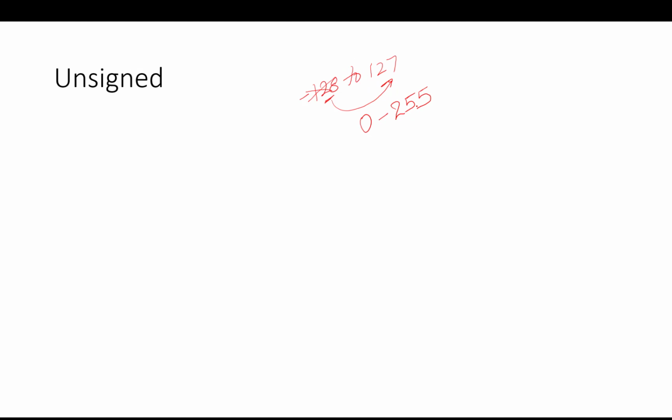And how is it done? By not considering the very first bit for the sign. We will be using all the 8 bits for the numbers, thus the range will increase from 2 to the power 7 to 2 to the power 8, which is 256. Remember, the very first bit will not be used for the sign.